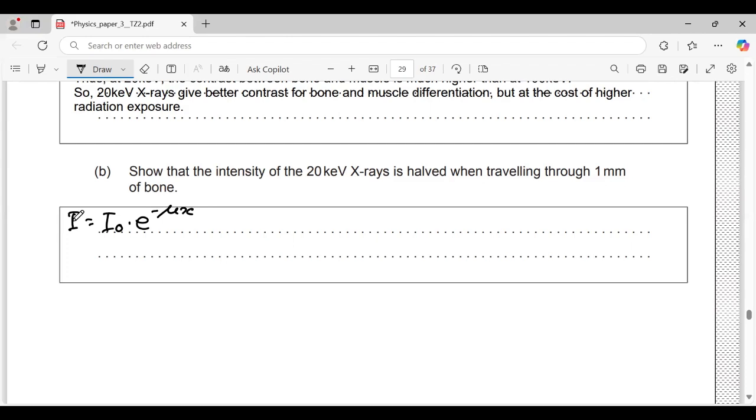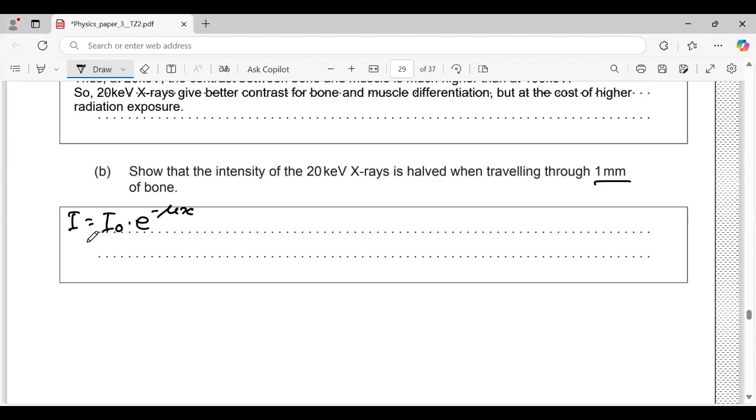I is the final intensity, I0 is the initial intensity, mu is the linear absorption coefficient, 7.2 centimeter to the power minus 1, and x is the thickness of the material, 0.1 centimeters or 1 millimeter according to this information.